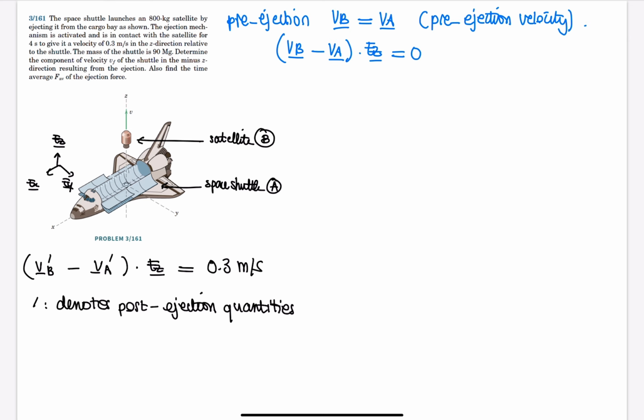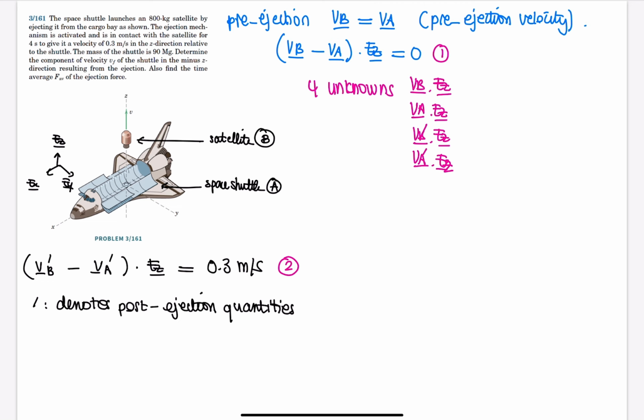We have 4 unknowns so far: VB dot EZ, the vertical component of VB, VA dot EZ, and these two are related, so we have one equation here that relates the two, and then VB prime dot EZ and VA prime dot EZ, the vertical components of the post-ejection velocities. We have 4 unknowns, and so far we have just 2 scalar equations.